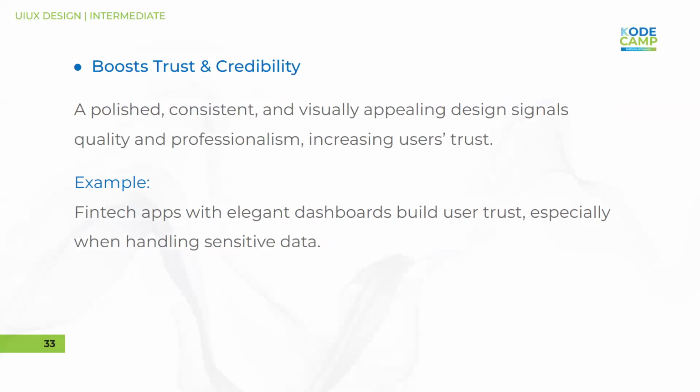All right. Number four is that it boosts trust and credibility. A polished, consistent and visually appealing design signals quality and professionalism, increasing user trust. There is one of the projects I'm currently working on, a personal project.